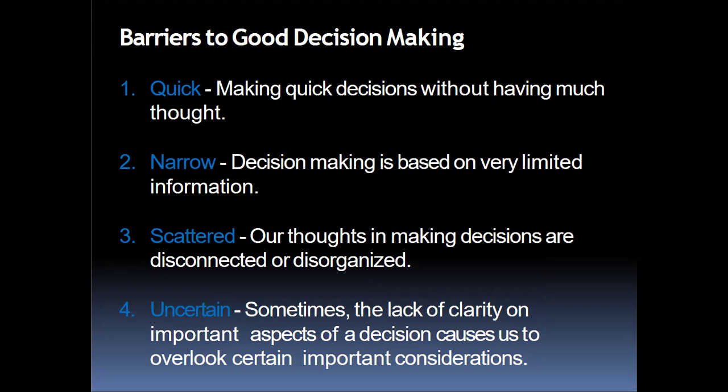Making a quick decision without much thought. Decision making based on very limited information. Our thoughts in making decisions are disconnected or disorganized, scattered thoughts, uncertain decisions, lack of clarity on important aspects. These are some of the barriers that reduce effective decision making by the individual.